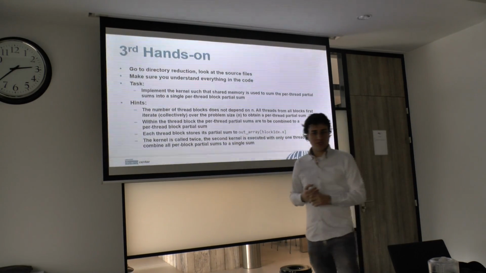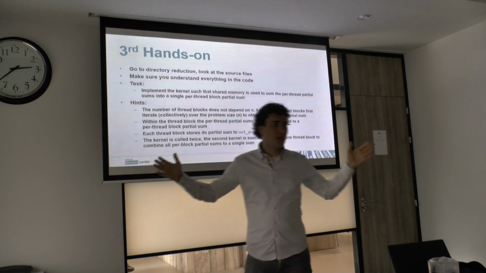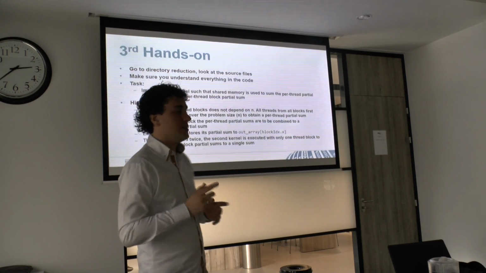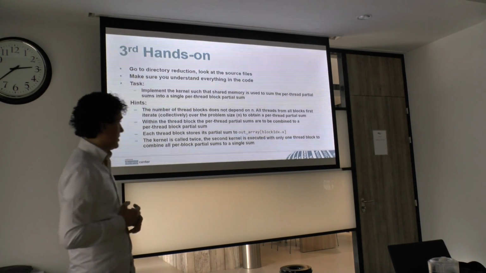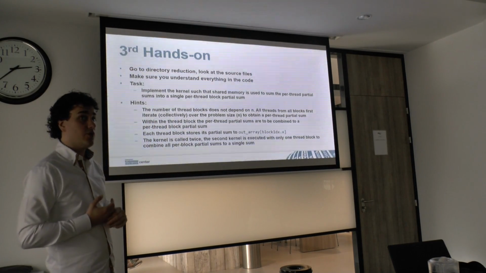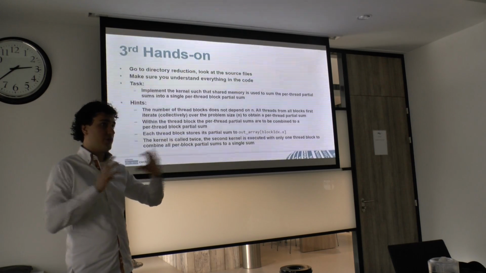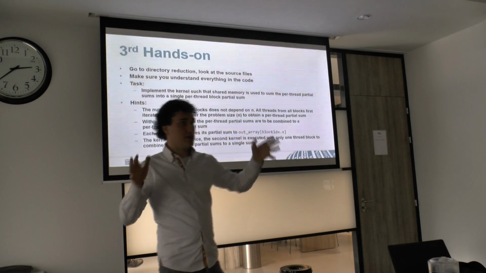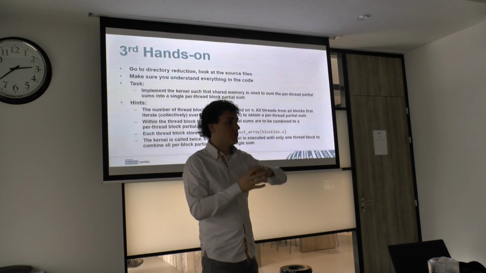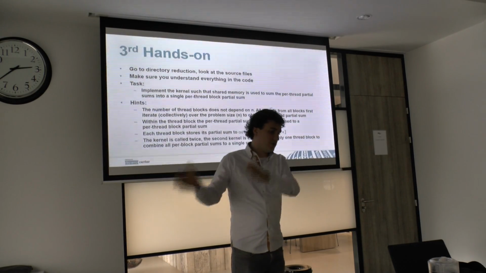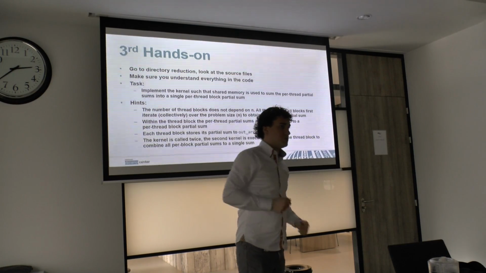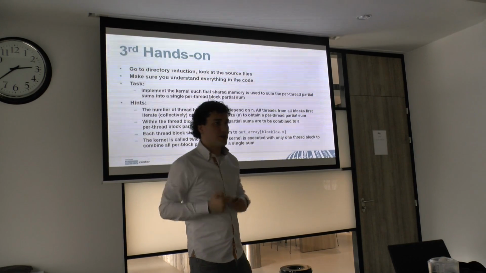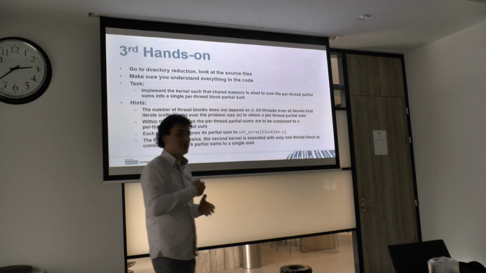Right, so at the moment we start with a large array, and the goal is to reduce that to a single value. What is already implemented for you is that all the threads from all the thread blocks together iterate over the input array. They take huge steps in the input, and every value that they encounter, they add to their local sum.